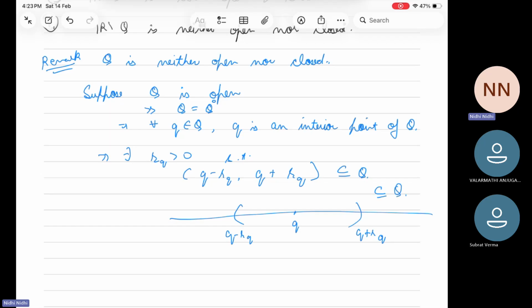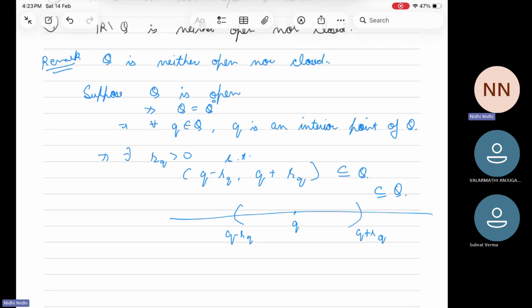But by density theorem, we know that within an interval there are infinitely many rationals as well as irrationals.